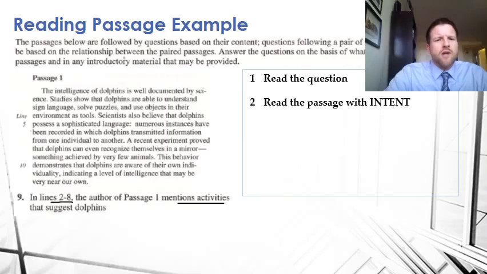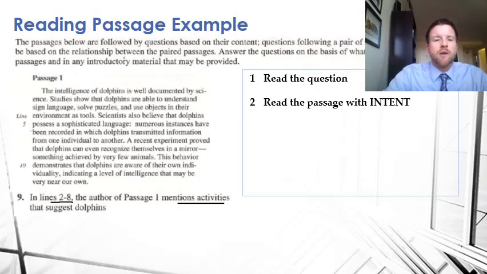So let's read with intent. The intelligence of dolphins is well documented by science. Studies show that dolphins are able to understand sign language, solve puzzles, and use objects in their environment as tools. Scientists also believe that dolphins possess a sophisticated language, and here's line 5, right? So we're in the zone. Numerous instances have been recorded in which dolphins transmitted information from one individual to another.